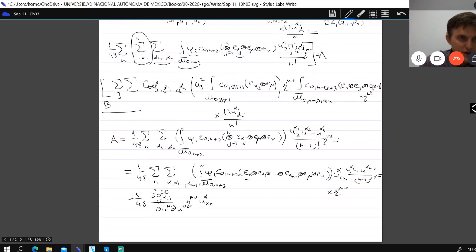So here we have the summation over n, minus 1 over 48, and J is a subset of the set {1, ..., n}.